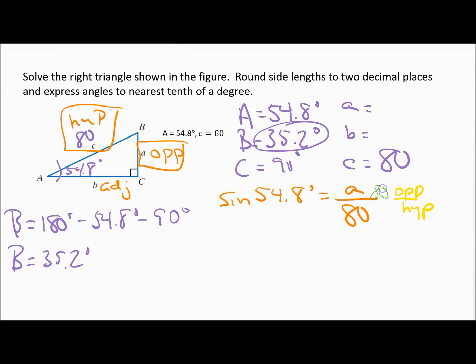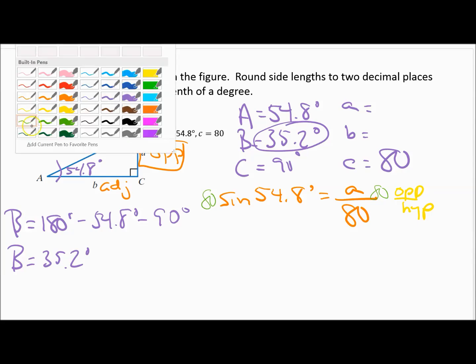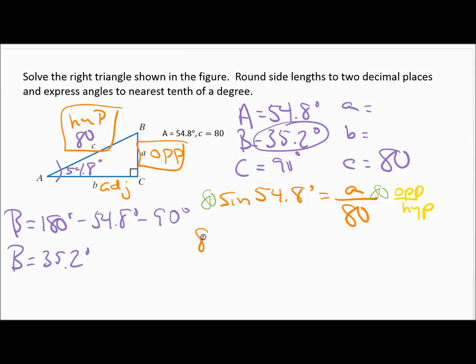So by 80 over here, by 80 over here, and that gives me the next line of 80 times the sine of 54.8 degrees is A. And I'll just type that right in my calculator. Again, what mode should you be in? Degrees. So 80 times the sine of 54.8 gives me 65.37. So A is 65.37. That is rounded to the hundredths place.